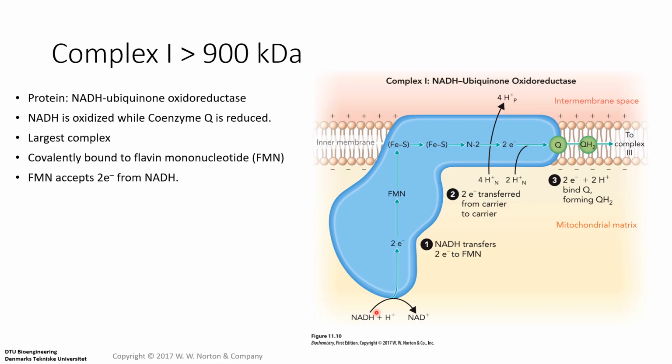It oxidizes NADH into NAD, and in the end reduces coenzyme Q into the quinol form, as you see here. It also uses a flavin mononucleotide, FMN, to transport the electrons inside the molecule, and there's this iron sulfur complex that we'll get a closer look at.